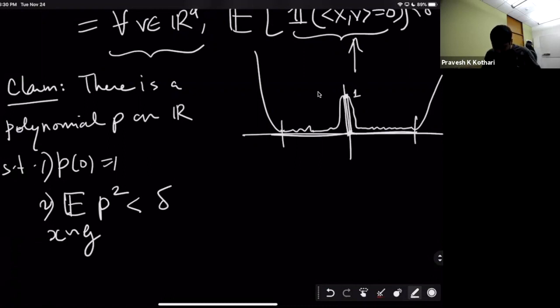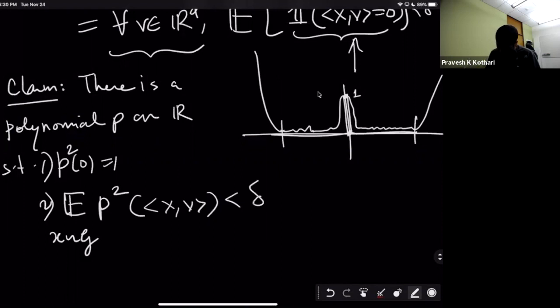So x drawn from G, P square. Let's always work with P square so that we remember it's a square, for all V in R to the D.